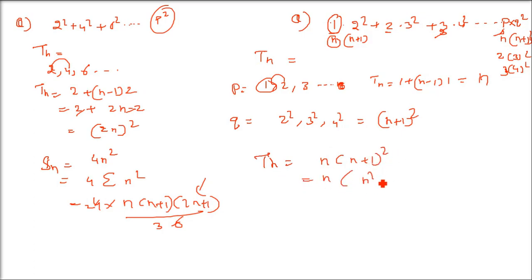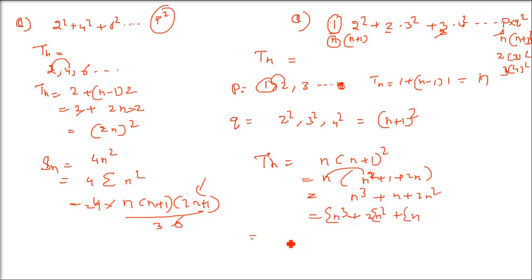So n into n square plus 1 plus 2n. This will be n cube plus n into 1 is n, plus 2n square. So n cube plus 2n square plus n. This is going to be the final one, and now just use the sigma.